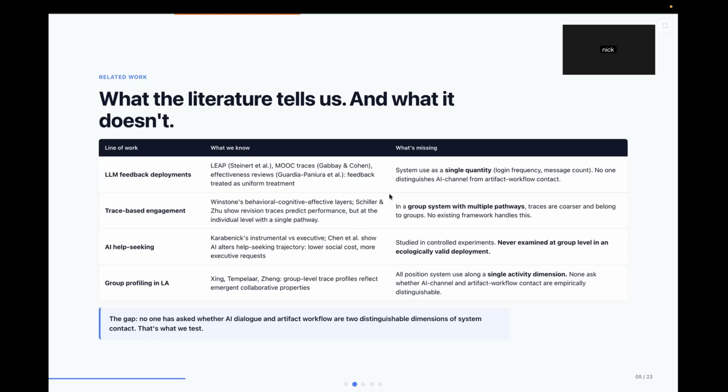They do not have multi-dimensional research. So here's the gap. We are trying to research a group-based, LLM-mediated system deployed in a real-life class, and we split it into multiple dimensions.